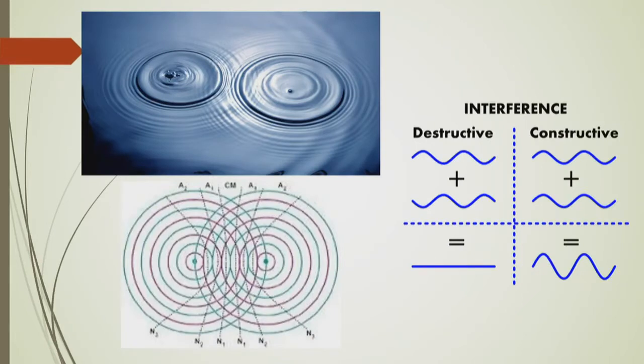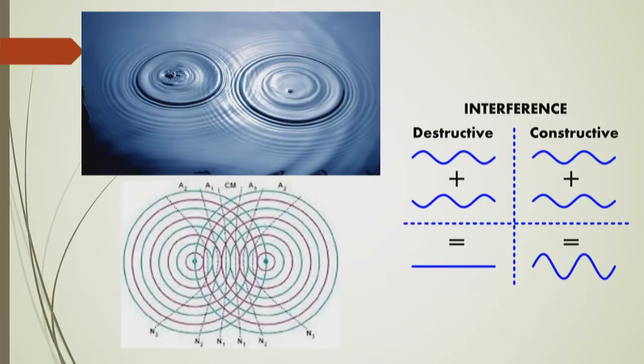We talked about constructive and destructive interference. And I think at the very end of class on Friday, we drew the two rocks or two pebbles in the pond with my lovely artistic ability. So we get constructive and destructive interference.